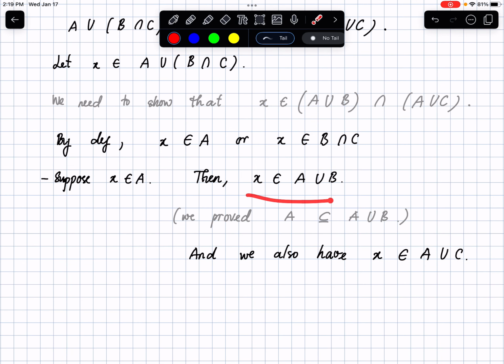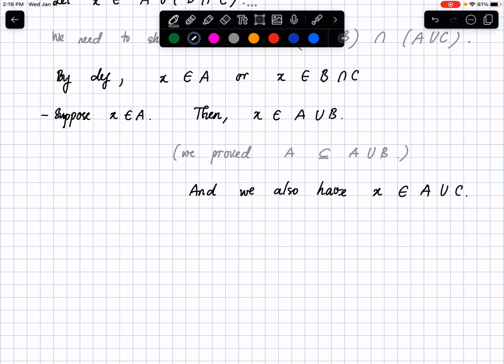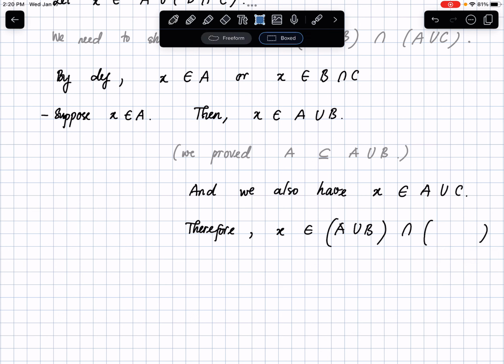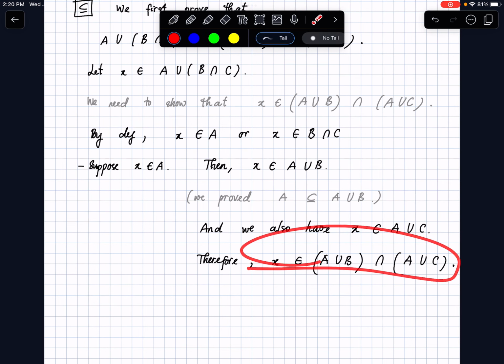So we have x is an element of A union B and x is an element of A union C. Therefore, x must be in the intersection of these two sets, the intersection of A union B with the other one. Okay. So what is this? This is exactly what we need to show, right?